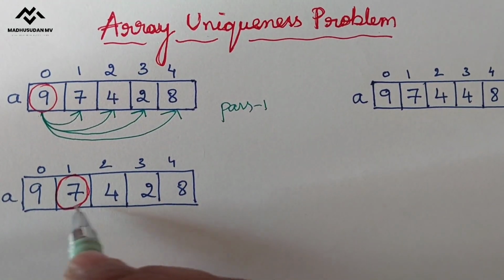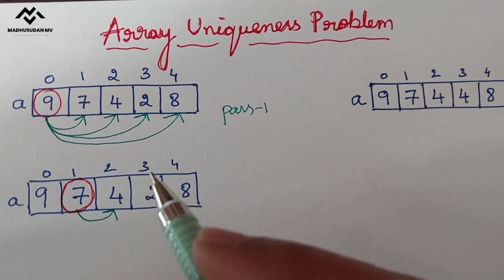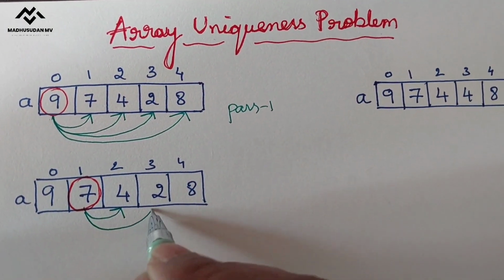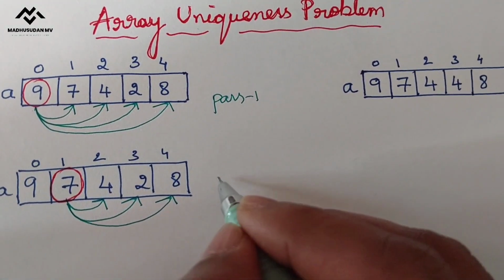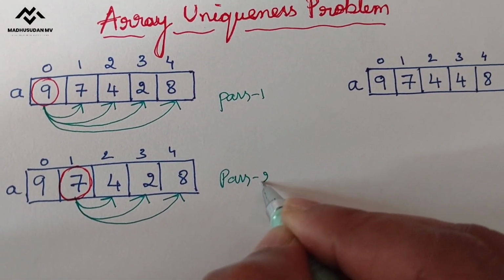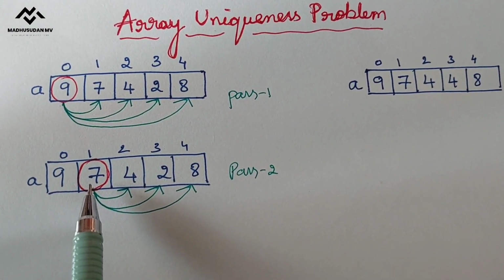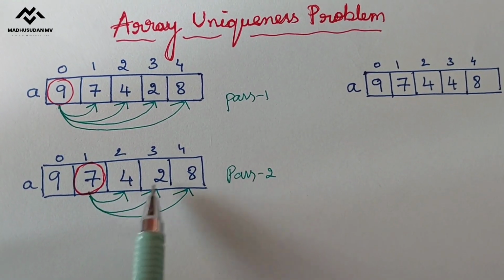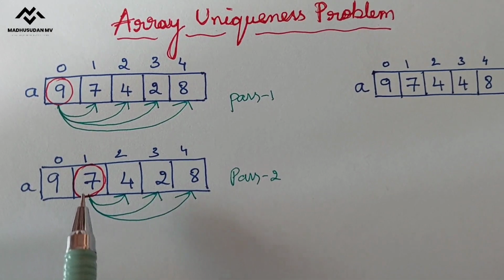We start from the next element after the selected item. So I compare these two: not equal. Again I compare these two: not equal. I compare these two: not equal. After pass 2, or round 2, we came to know that the second element is also unique. There is no duplicate of this element in the remaining elements. This is the conclusion after pass 2.